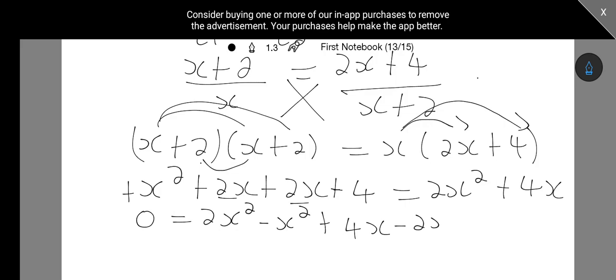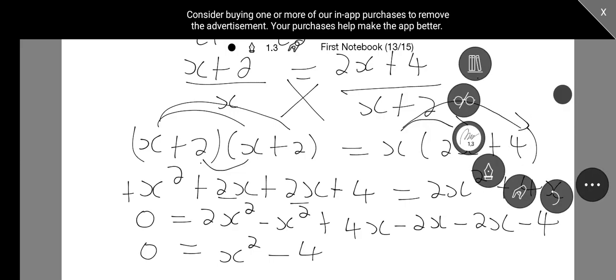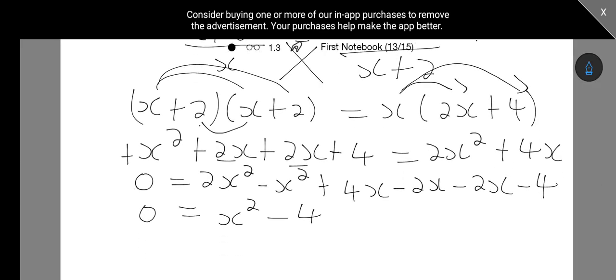That will be minus 2x minus 2x, and then the positive 4 will be negative 4. Then what is 2x squared minus x squared? That gives us x squared. What is 4x minus 2x minus 2x? That gives us 0, minus 4. At the end of the day, we have 0 is equal to x squared minus 4.